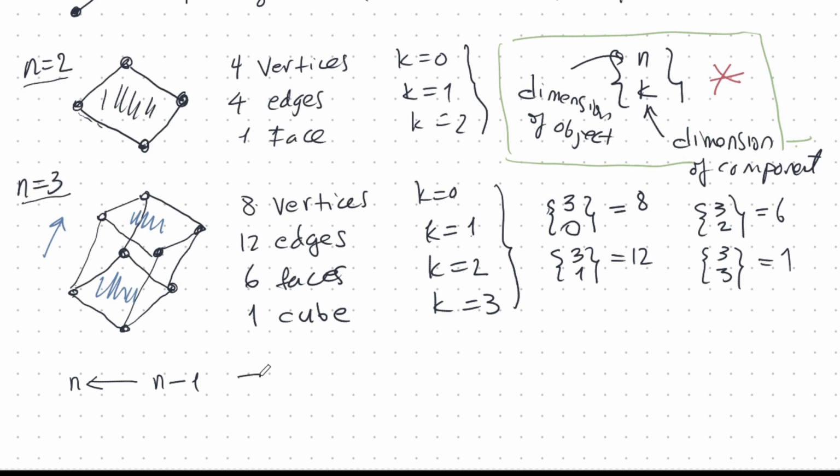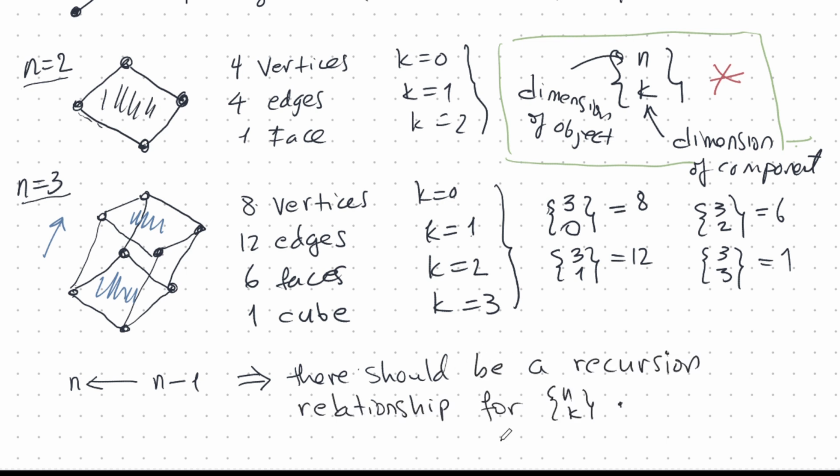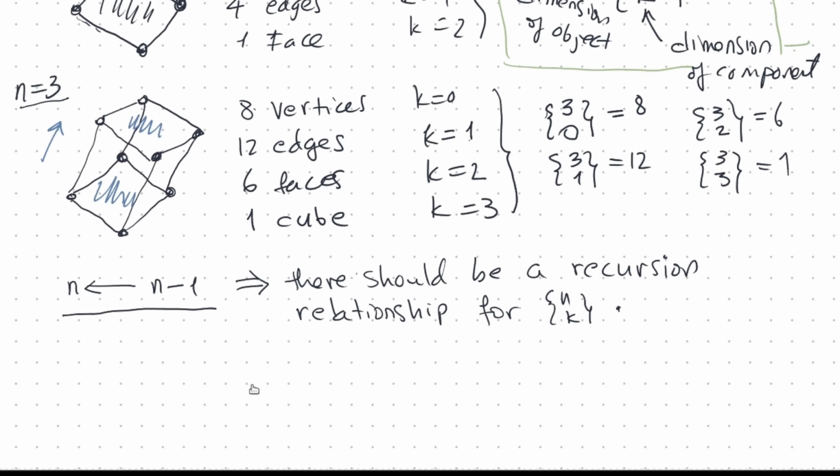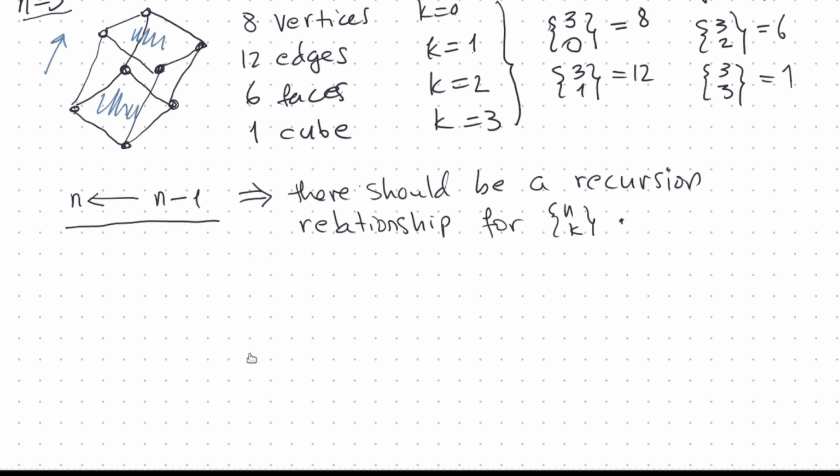And so this gives us an idea that there should be a recursion relationship for the count of the components nk, because I'm creating all the components by this type of recursive process. It just remains for us to discover, well, what is this recursive process?